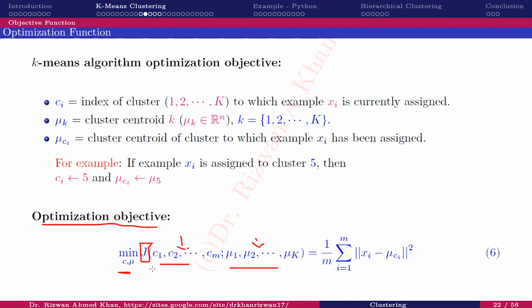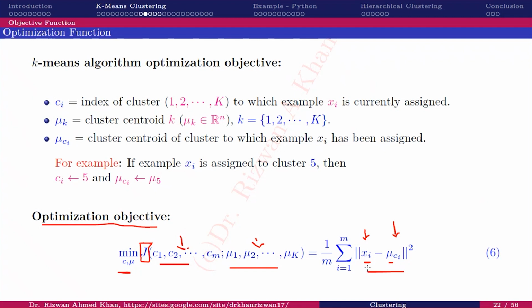What we are trying to minimize by changing these two variables is this thing, and this is the distance of any data point to its cluster centroid. This is the cluster centroid to which xi is assigned. One more time, we are trying to minimize distance. On the next slide I will show it in graphical form, so it will be much easier, but just try to absorb this initially.